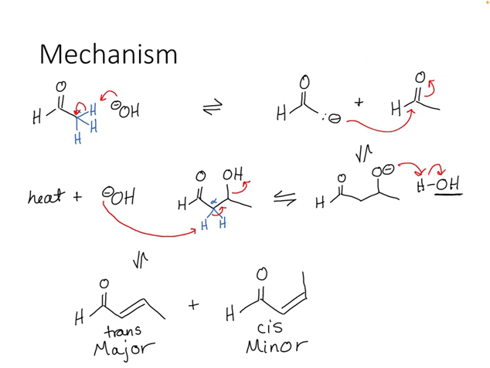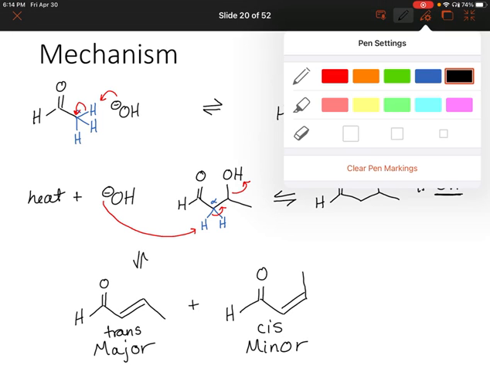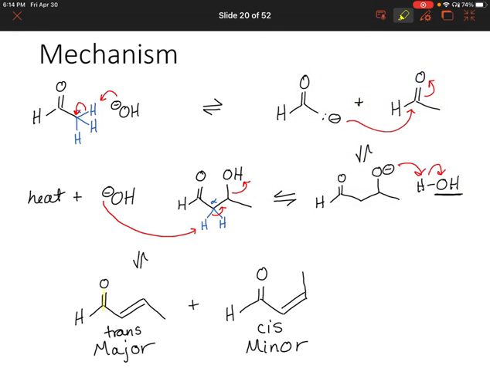We're taking our starting material, the aldehyde, and we're turning it into 2 products, a trans and cis product. So entropy is increasing, but additionally, notice that we have 2 double bonds that are separated by a single bond, which increases conjugation. And conjugation is pretty stabilizing.